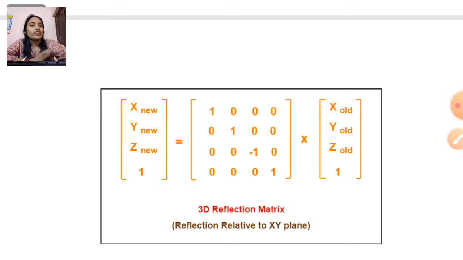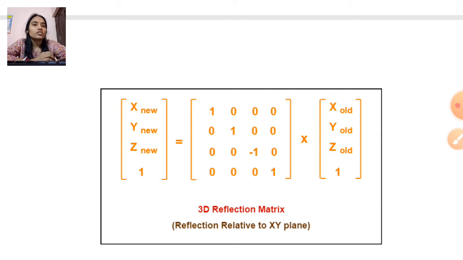So the matrix form of this reflection is x new, y new, z new, 1. In 3D coordinates, the matrix form is a 4 by 4 matrix. In 2D coordinates, the matrix is a 3 by 3 matrix. So here the destination position x new, y new, z new, 1 equals the reflection matrix times the original position.